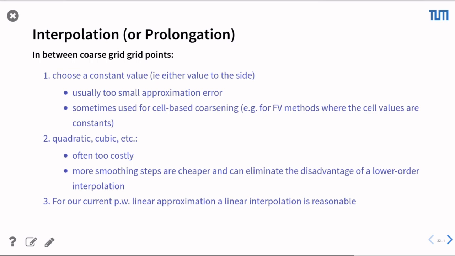So the next option would be to go to higher order polynomial interpolation. We could do a quadratic interpolation or a cubic interpolation. In practice, that's usually too costly. You can do more smoothing steps instead, and then you get rid of the disadvantage of lower order interpolation.